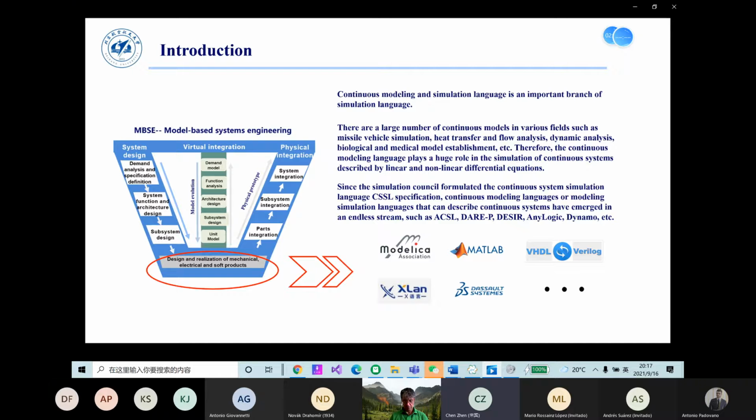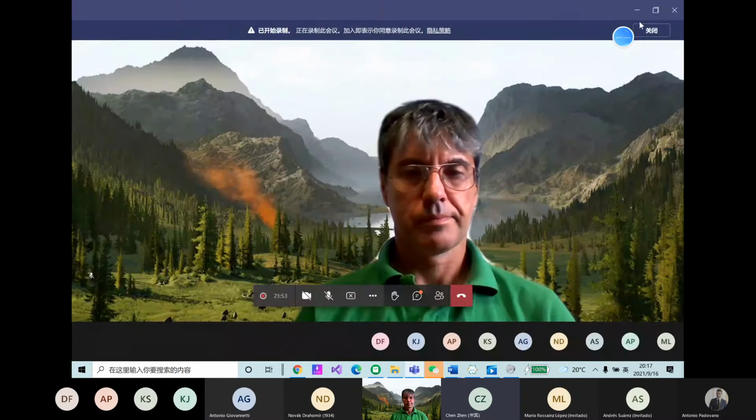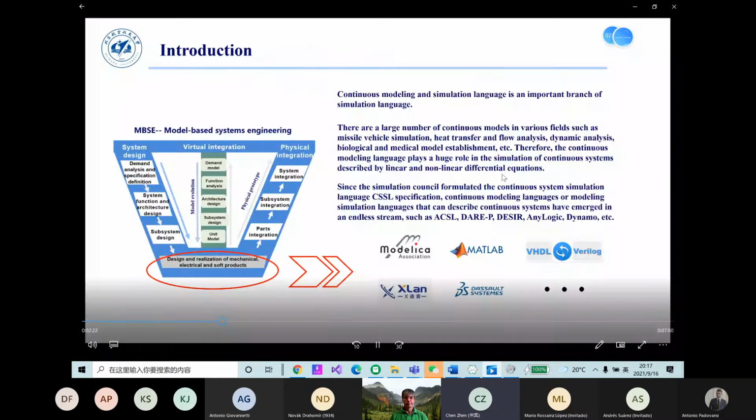For continuous systems, the common modeling method is to establish a system of differential equations or partial differential equations, and then use a solver to solve the equations to obtain simulation results. Due to the differences of modeling languages, the models established by different languages can only be reused within the language, which cannot be reused among languages.